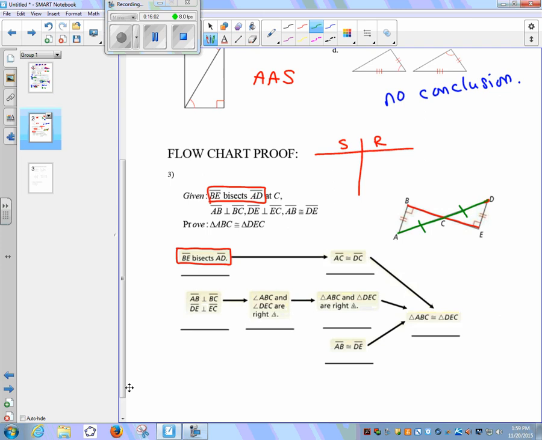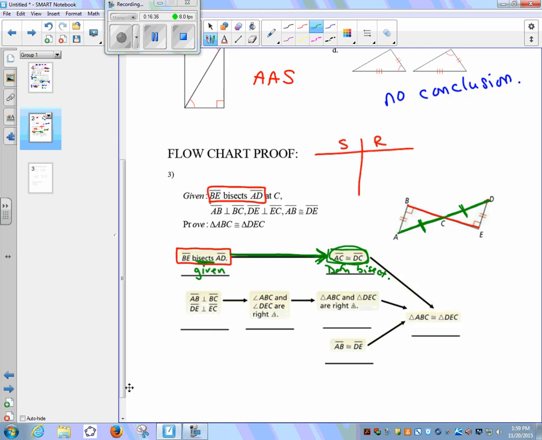So in a flowchart proof, that given leads us to be able to conclude, since this bisects, we know what bisect means, that AC is congruent to CD, or DC. So they mark this given leads directly to this conclusion. So we can state that conclusion by the definition of bisect.